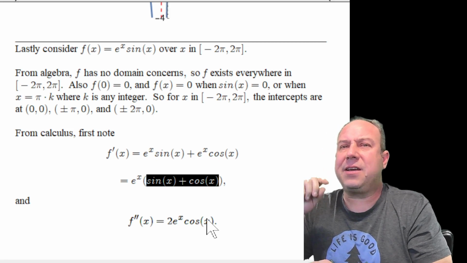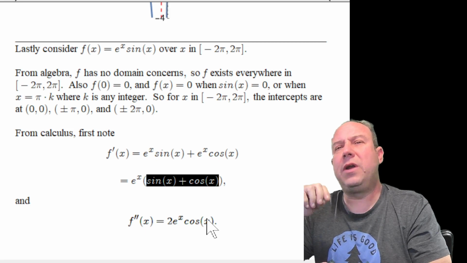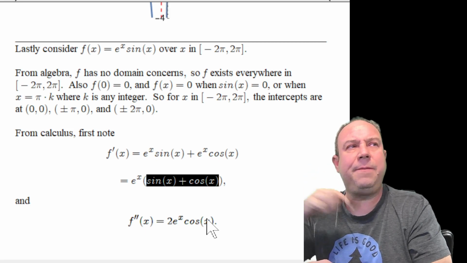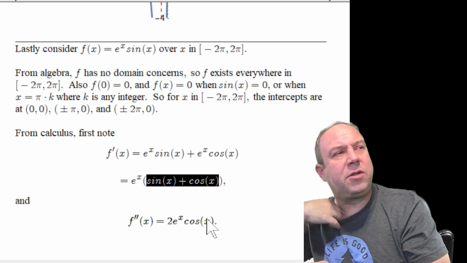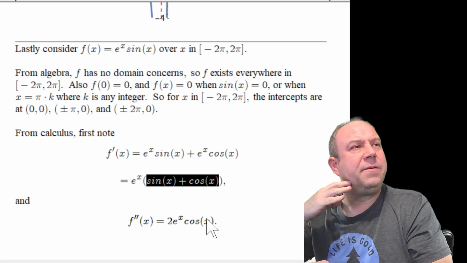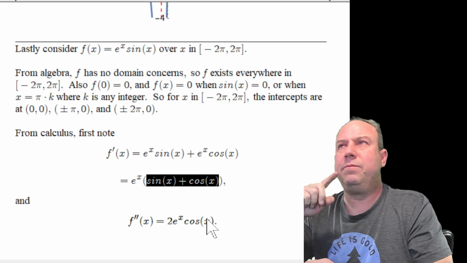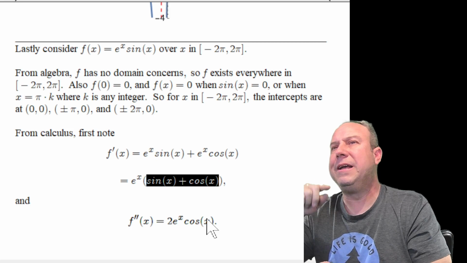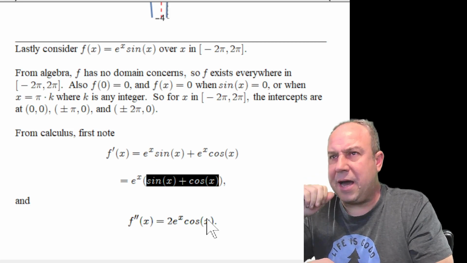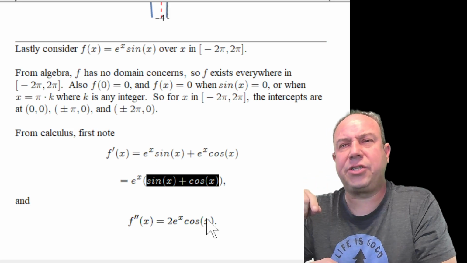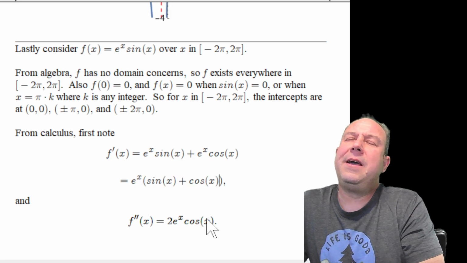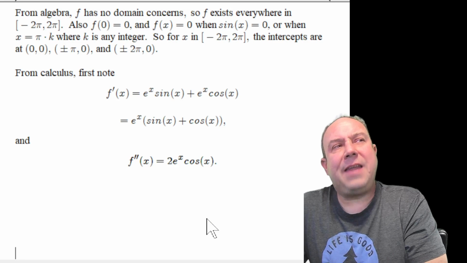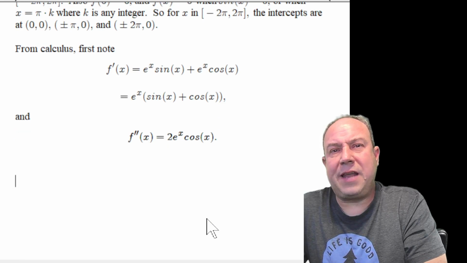When does that occur? When are the sine and cosine exactly opposite each other? That would be at 3 pi over 4 and 7 pi over 4 in the positive direction, and negative pi over 4 and negative 5 pi over 4 in the negative direction.